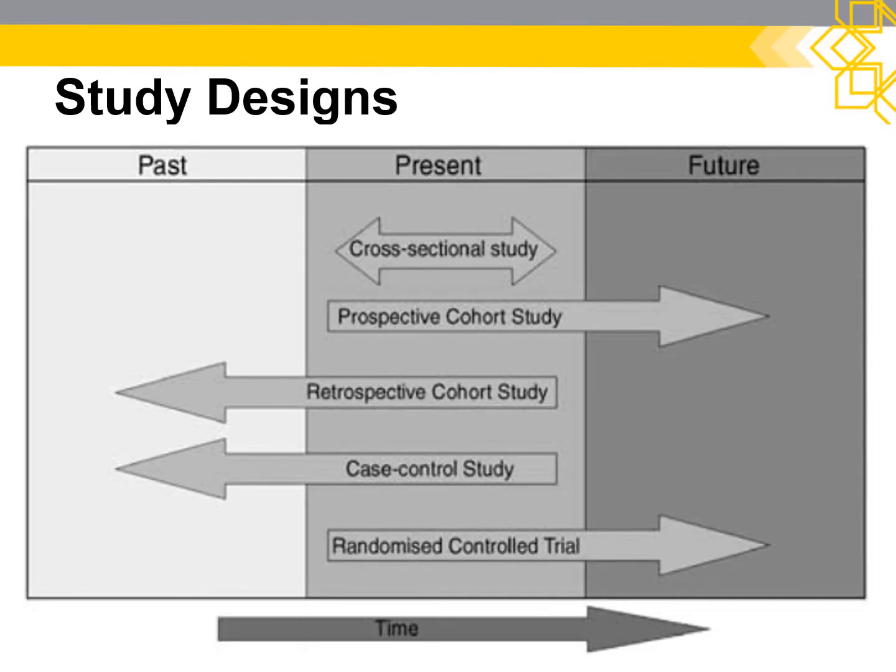This is another slide that summarizes the relationship between study design and time. In a cross-sectional study, the time frame that we are interested in is the present time. For prospective cohort studies, it is moving from the present time to the future, meaning that we follow up the population.